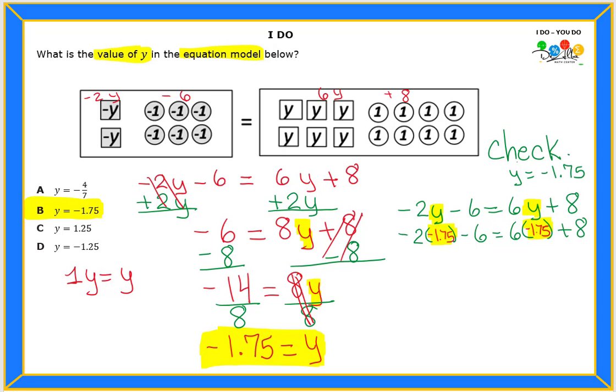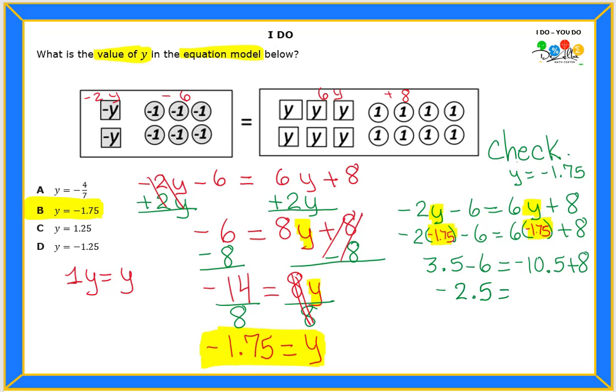Okay, so let's continue. If I multiply -2 times -1.75, I get positive 3.5 minus 6 equals, on the other side, 6 times -1.75, I get -10.5 plus 8. Okay, so now I'm gonna continue. 3.5 minus 6 gives me a -2.5.